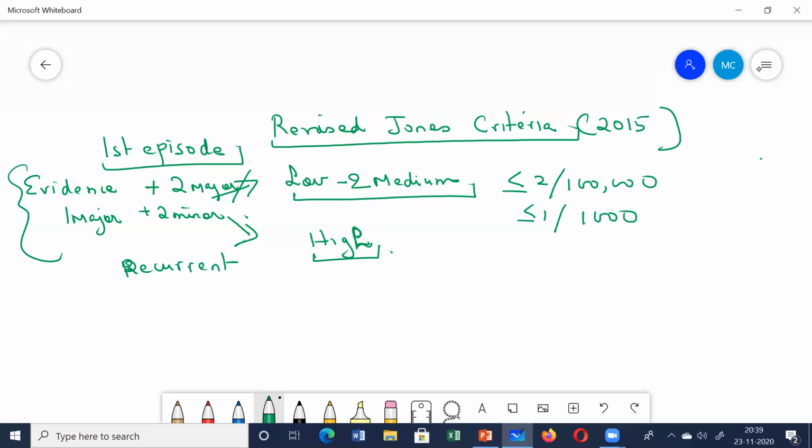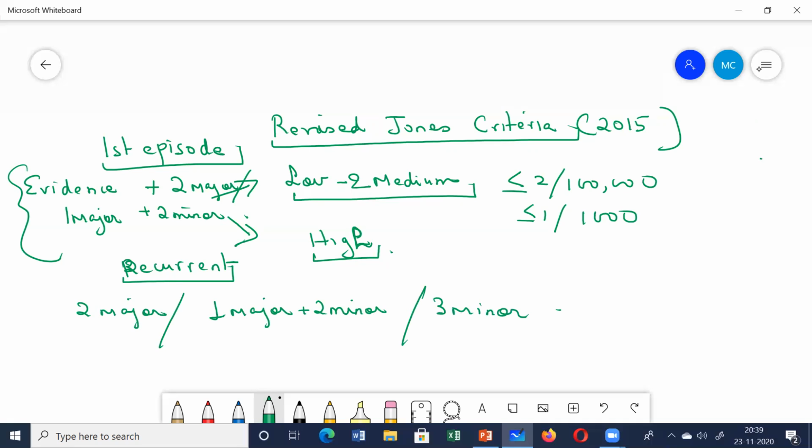Recurrent episodes of rheumatic fever again require a confirmation of 2 major, or 1 major plus 2 minor, or 3 minor criteria. You can see this 3 minor criteria was not there with the first episode, right? So this is all about the revised Jones criteria.